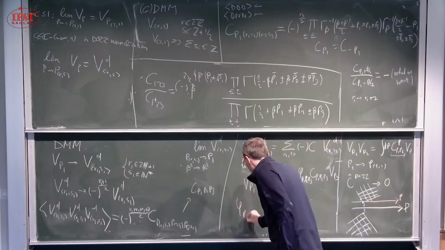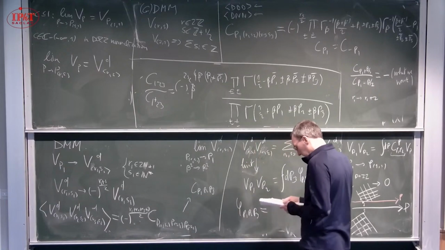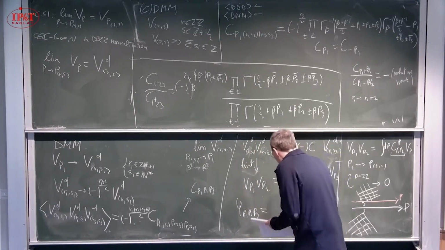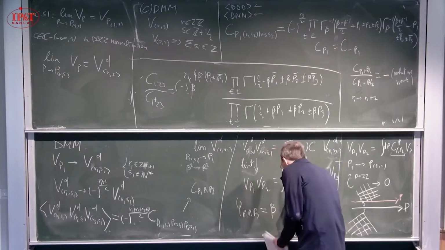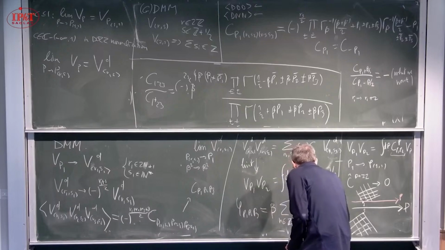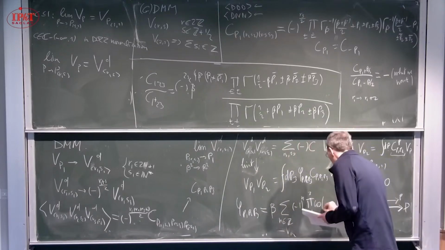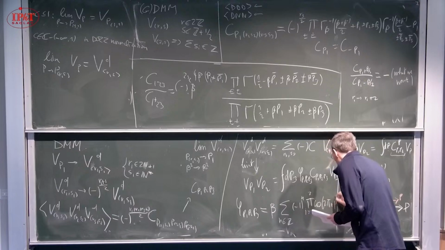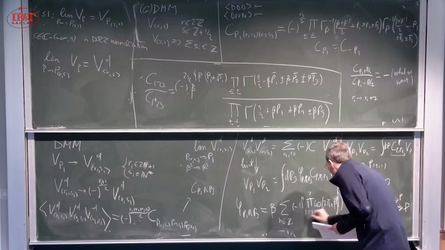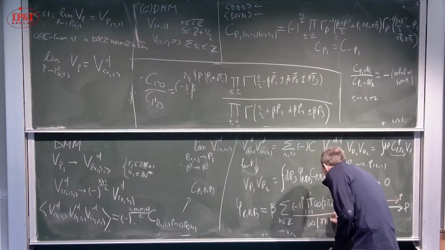And this phi is the following. It is a beta, a sum over integer n of (-1)^n product for i equals 1 to 3 of cos(2 pi n beta P_i) over cos(pi n beta squared).